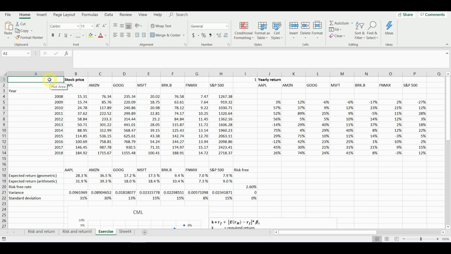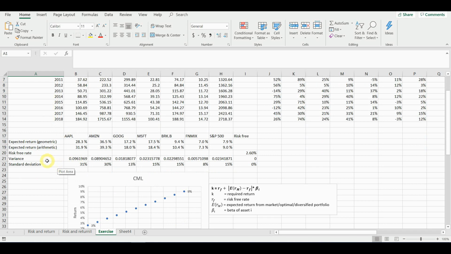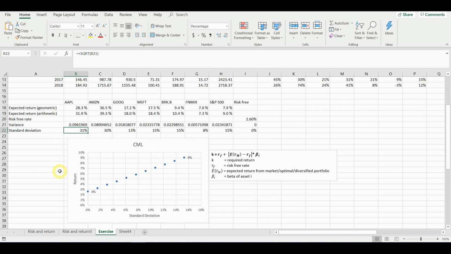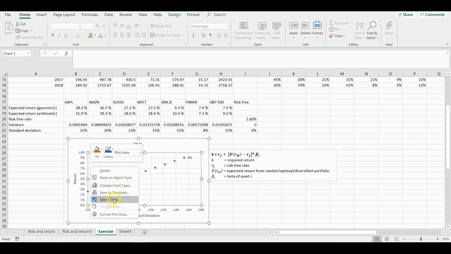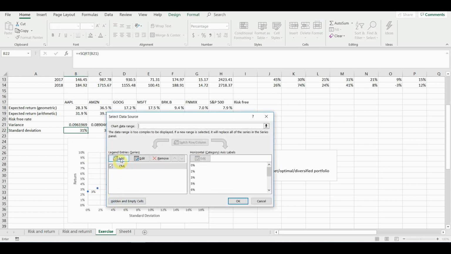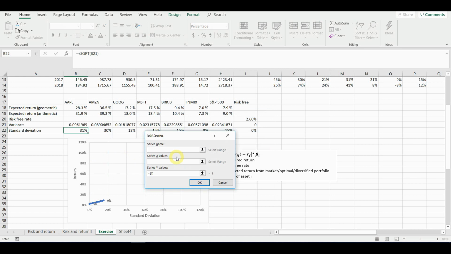Apple has a total risk, which is the variance and standard deviation of 0.096 and 31%. Let's plot Apple's risk into our graph. Select data, add Apple.